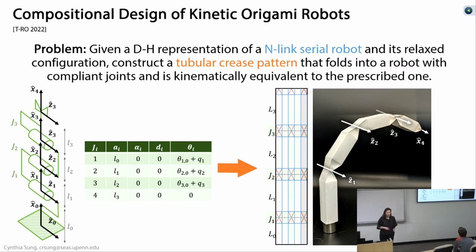given a Denavit-Hartenberg representation, how many people are familiar with DH? Okay, only a couple. So the Denavit-Hartenberg representation is basically one of the standard representations for manipulator arms in robotics. And the idea is that for every degree of freedom on a serial manipulator arm, I can describe that degree of freedom using 4 parameters, which basically tell you the location and orientation of the axis of motion.